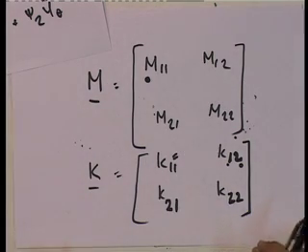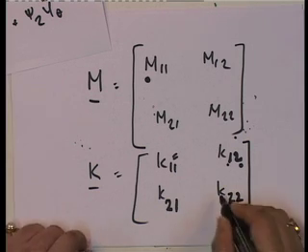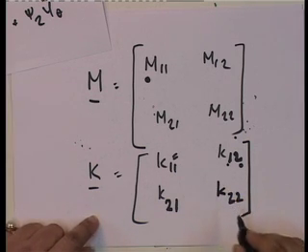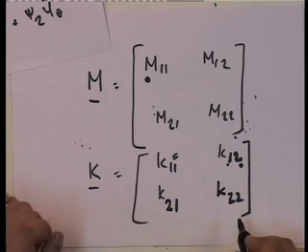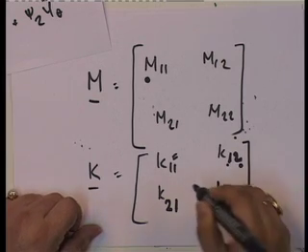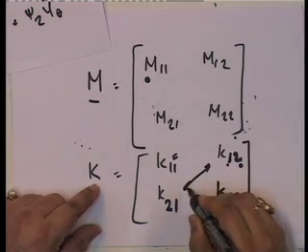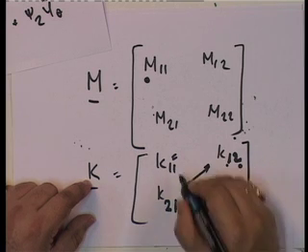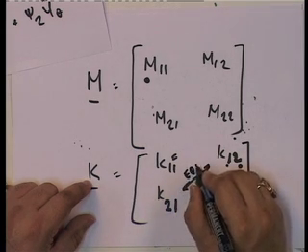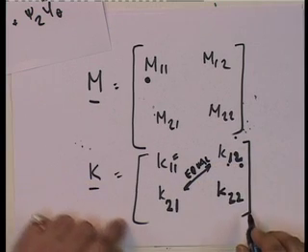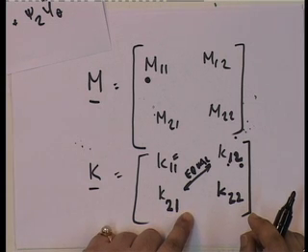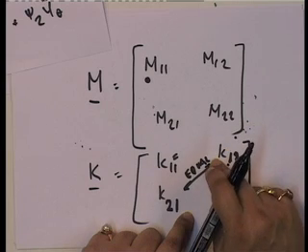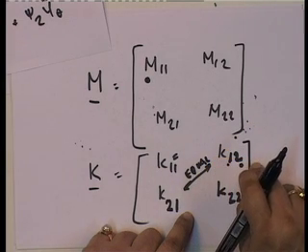Okay. Now, this becomes very important, and the important thing is that I can start getting everything very easily, and that is that these two are equal. Force corresponding to degree 2 due to a unit displacement at 1 is equal to the force at 1 due to a unit displacement at 2.